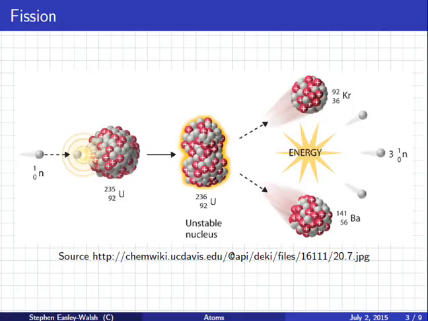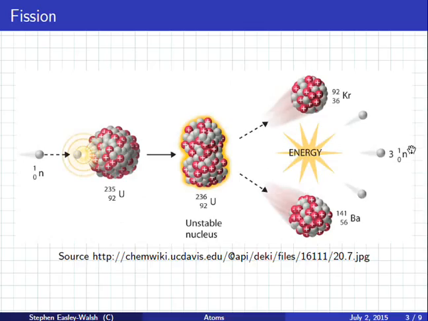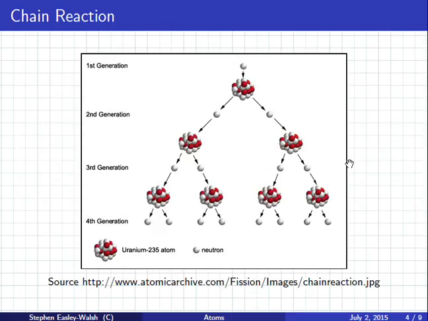So this is how you can make energy by this process. Now, if you look back here, you see that you get 3 neutrons that come out. So what you could do is use these neutrons to break more uranium atoms. You see here I have a picture.